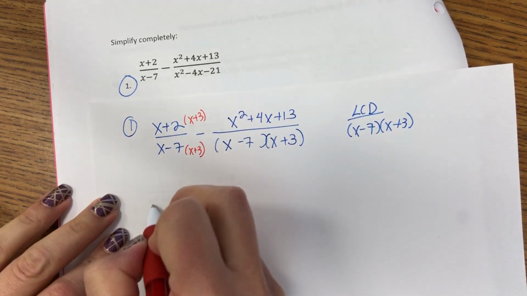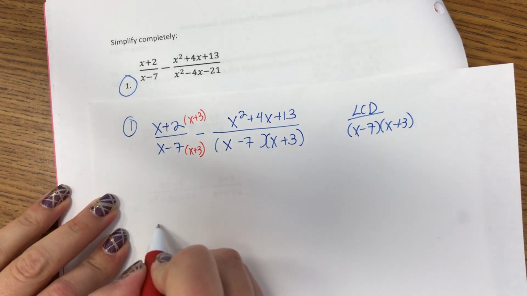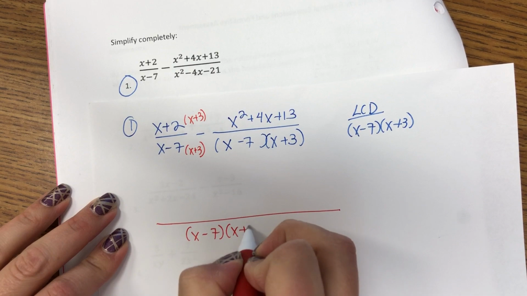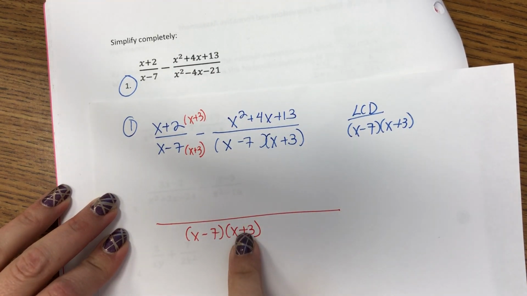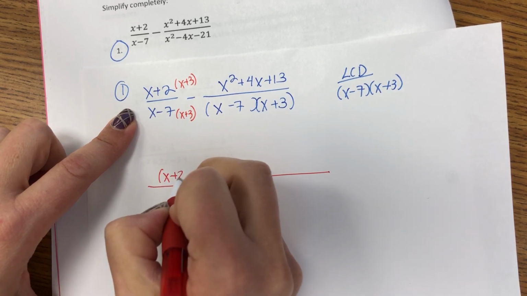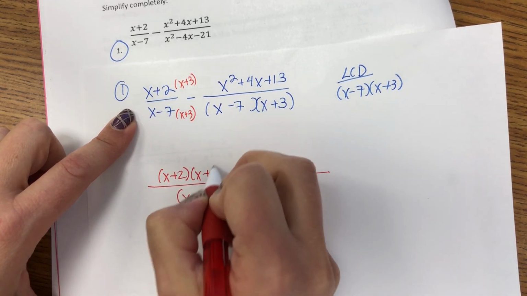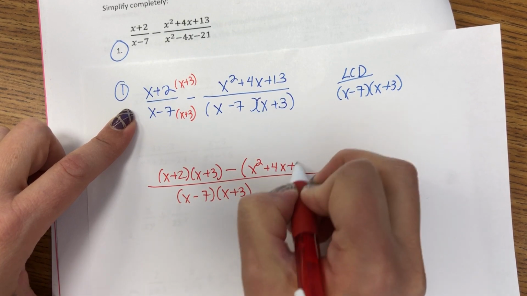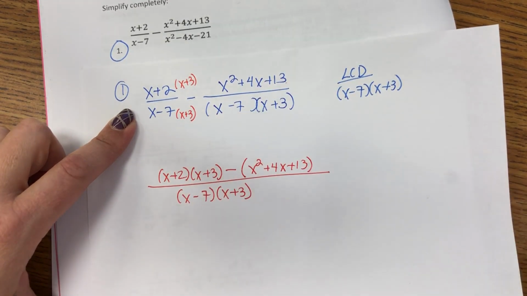And I have to be careful with the subtraction. So I'm going to keep, it's not a solving problem, so I'm going to keep my denominator. And then my numerator is going to become x plus 2 times x plus 3 minus the entire trinomial from this expression.